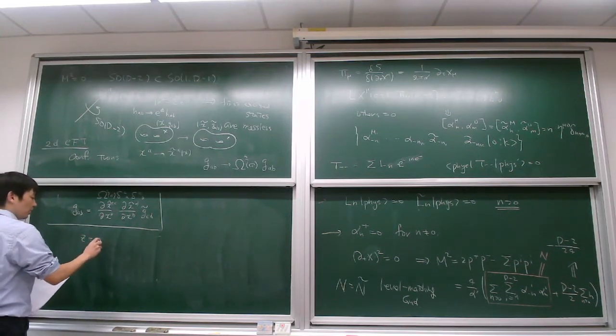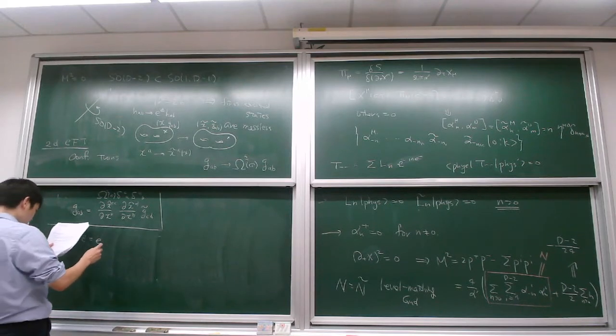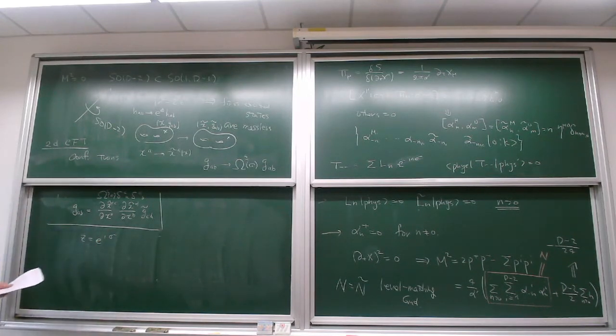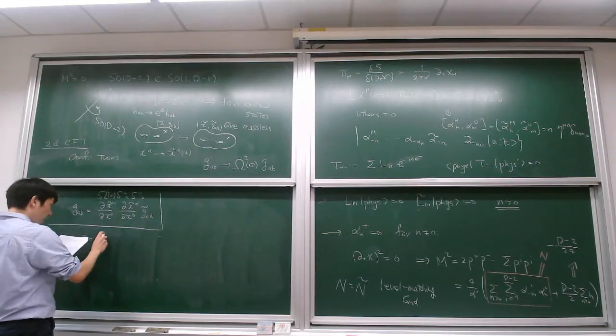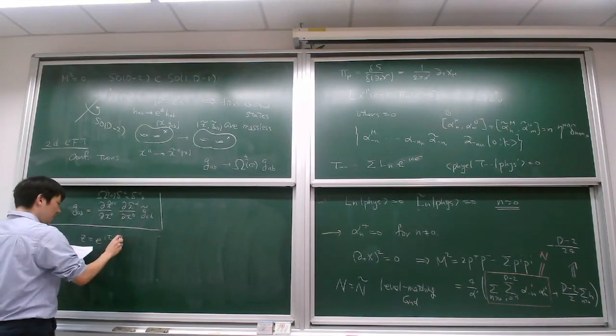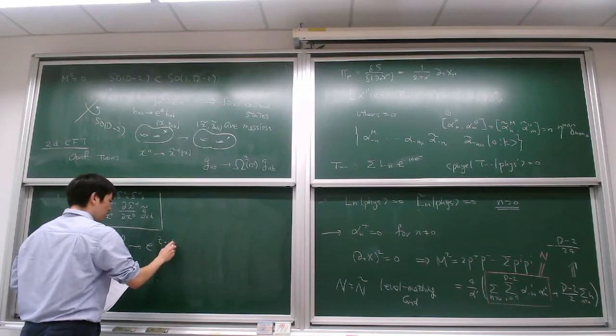Z is e to the tau minus i sigma after the Wick rotation.